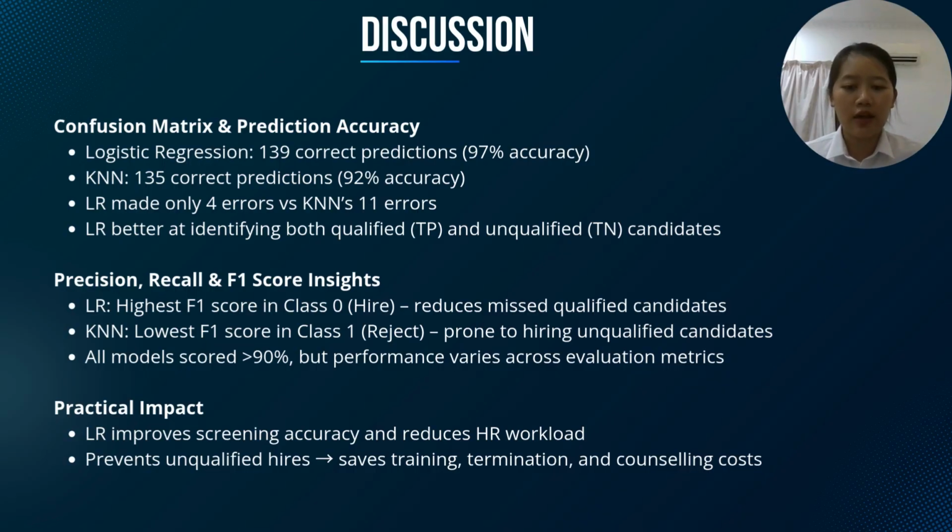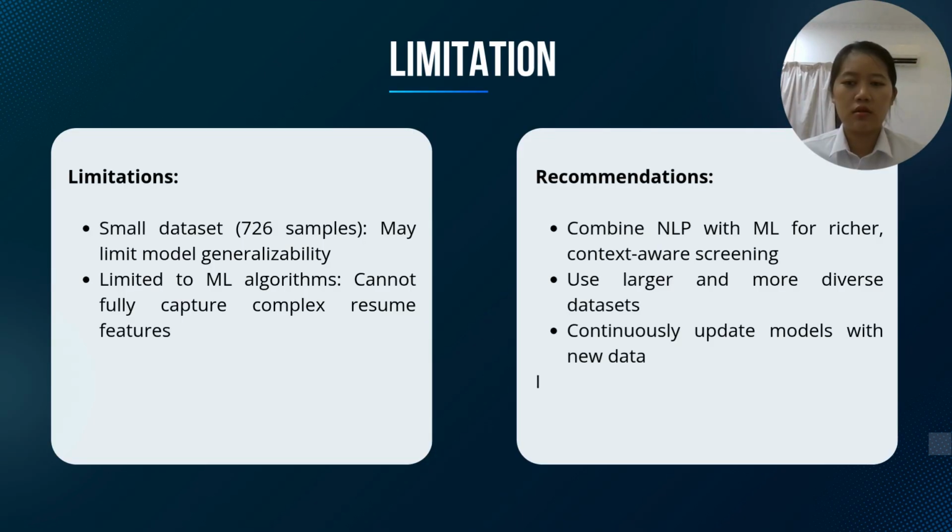With the highest F1 score, it means that it successfully identified qualified candidates with minimal false rejections of hirings. On the other hand, KNN has the weakest performance in class 1, which is reject, showing that it struggles to identify and filter out unqualified candidates. It could result in poor hiring decisions and waste of HR resources.